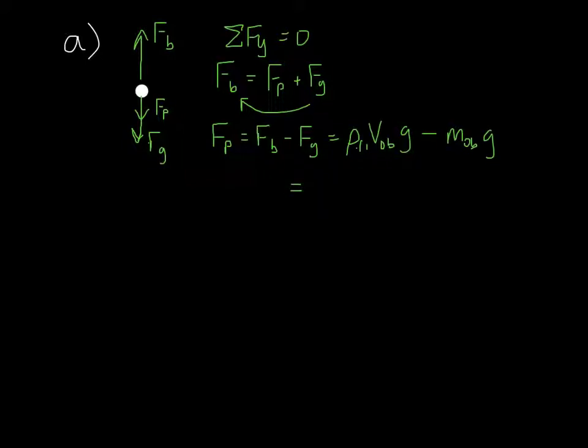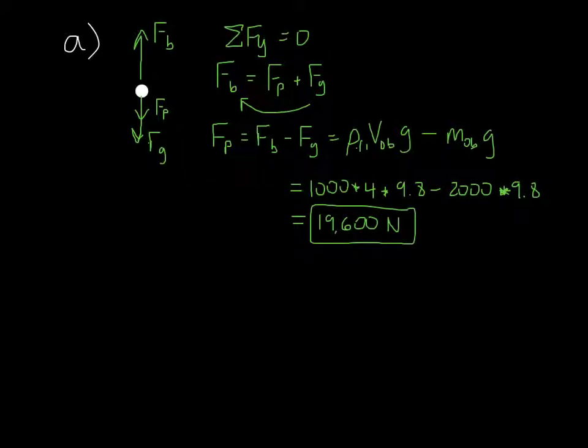It's a freshwater lake, so that's a density of 1,000, times the volume of the object, which is given as 4, times g, which is 9.8, minus the mass of the object, that's 2,000 kilograms, times 9.8, and all of that is equal to 19,600 newtons. So a lot of force in order to be able to hold the log fully submerged.